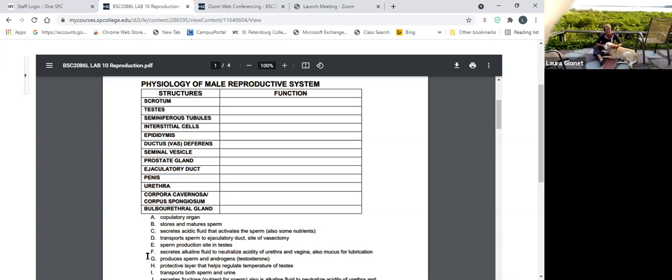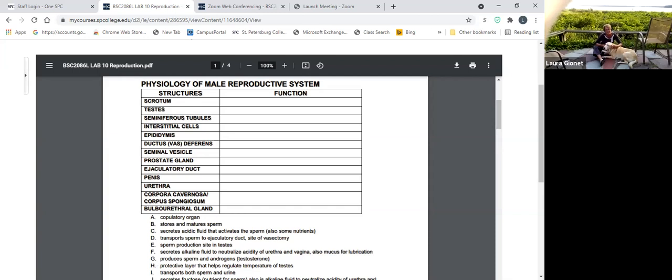Let's see, F, secretes alkaline fluid to neutralize acidity of the urethra and the vagina. Also mucus for lubrication. That would be the bulbourethral gland. G, produces sperm and androgens like testosterone. That's the testes themselves.